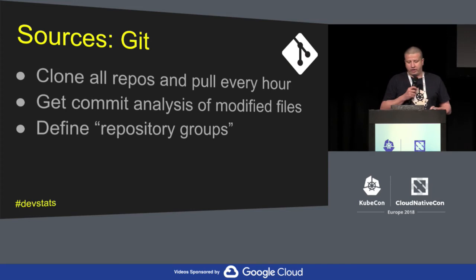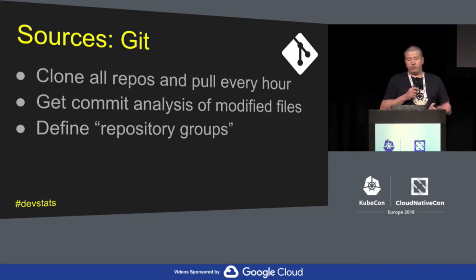Next, we need the data source Git. It's used for one single purpose. We define repository groups, which are something like projects. For example, Kubernetes can have a few repos, test-infra can contain other repos, and so on. We are also analyzing files modified in a given Git commit.